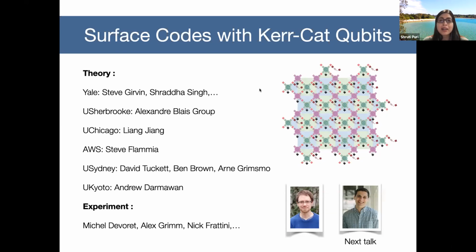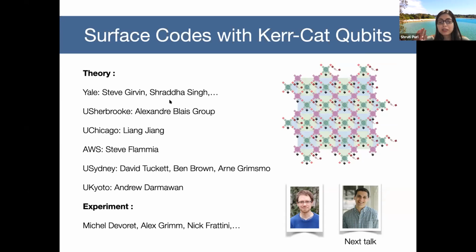Okay, so today I am going to talk about surface codes with Kerr-cat qubits. Kerr-cat qubits is something that we've been working on for a few years now. The theoretical idea was started in Alexander's group, and we've continued working on it at Yale with lots of collaborators.